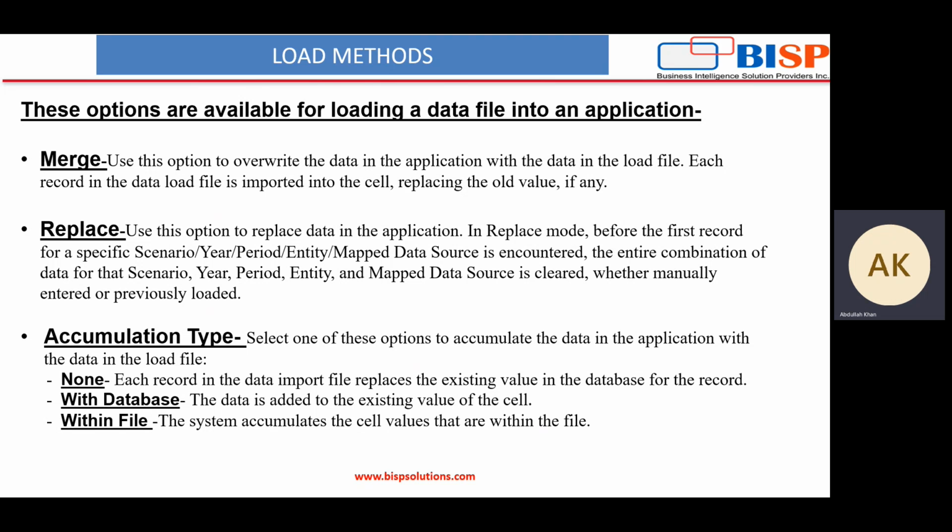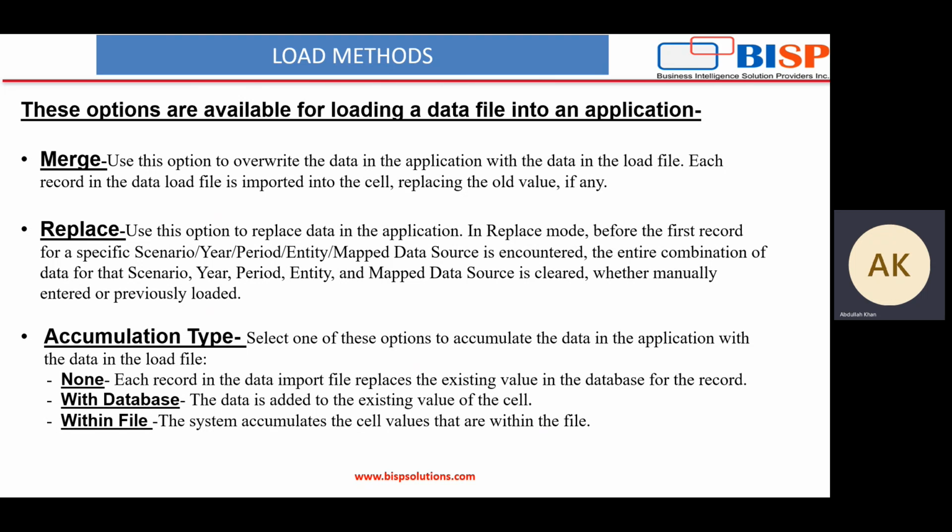Then there are three accumulation types, which will be used in combination with the merge and replace options. The first accumulation type is the none type, whereby each record in the data import file replaces the existing value in the database for the record. So in case we select merge with none or replace with none, the data which we are importing will replace the existing values in the database.